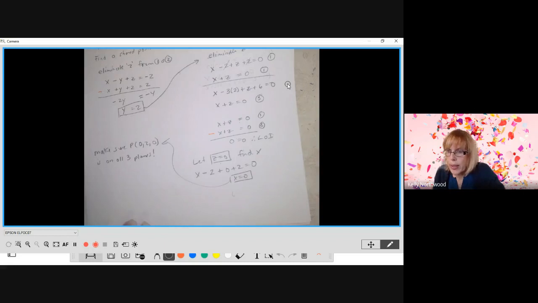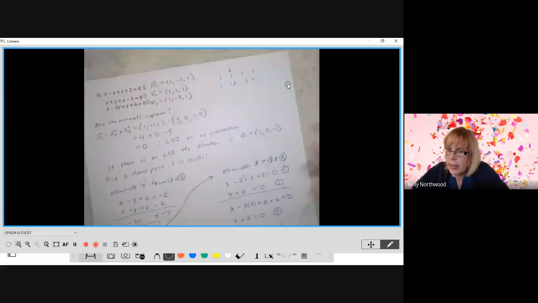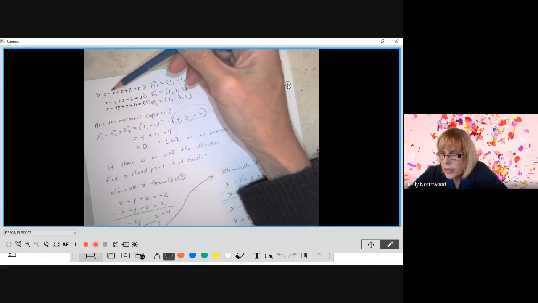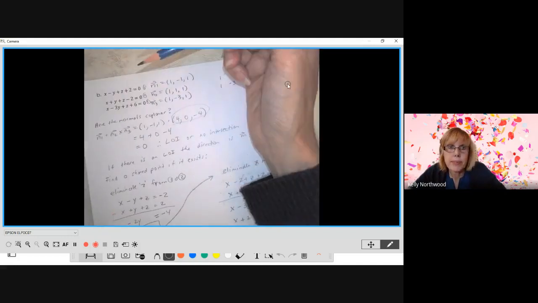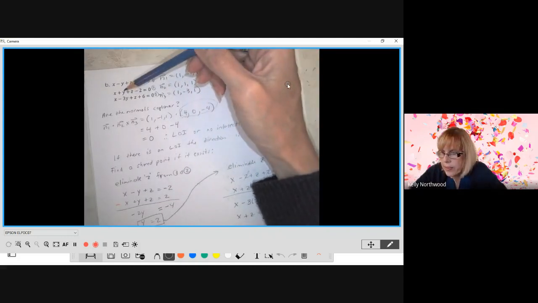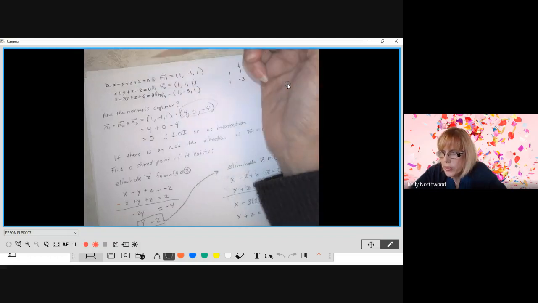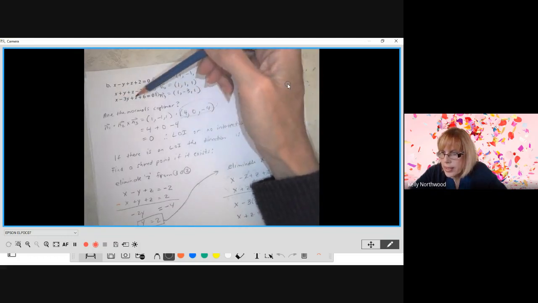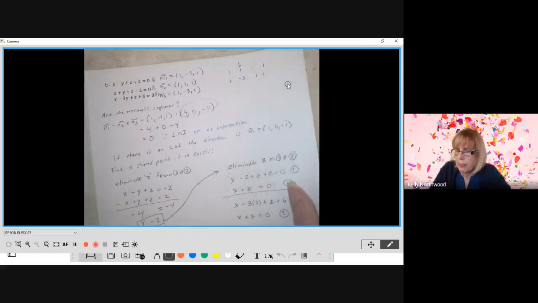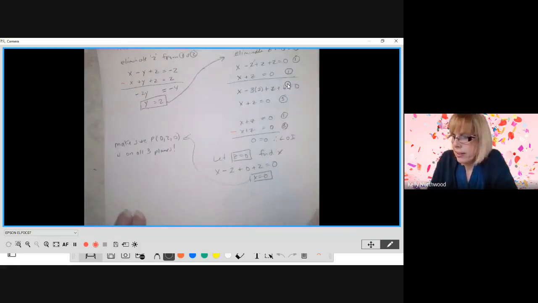And such an easy point, you can probably just eyeball it. 0, 2, 0 is what we're checking. So if we look up here, x and z would be gone, so we just have -2 plus 2 is 0, because x and z are both 0. X and z both 0 here, so we'd have 2 for y minus 2 is 0. X and z both gone. -3 times 2 is -6 plus 6 is 0. So yep, it's on all three planes.